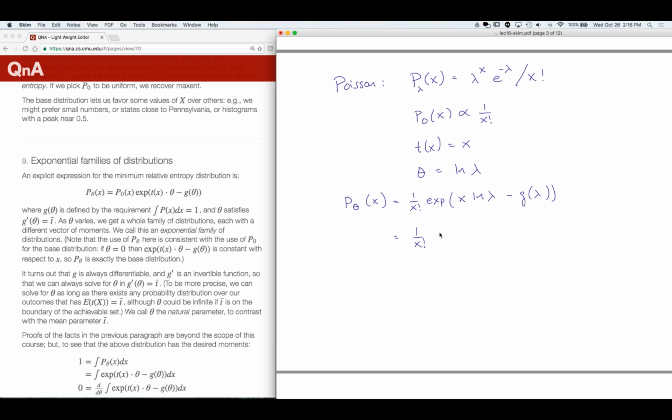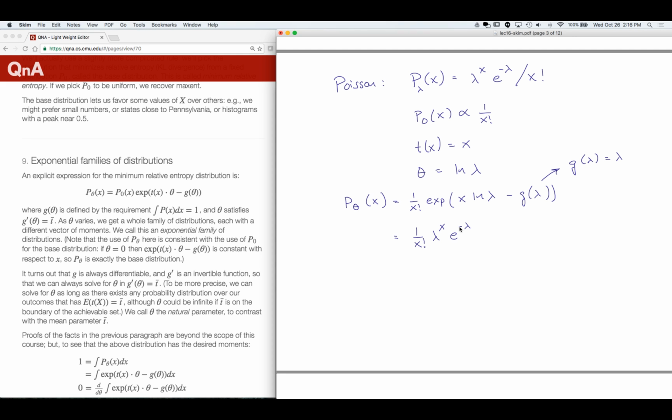E to the x log lambda is the same as lambda to the x, right? And then e to the minus g of lambda, well, there's only one term left here, so it's got to be e to the minus lambda. Right, so that means that we've just determined g of lambda is equal to lambda. And so now I've used these definitions here to express the Poisson distribution as an example of an exponential family.